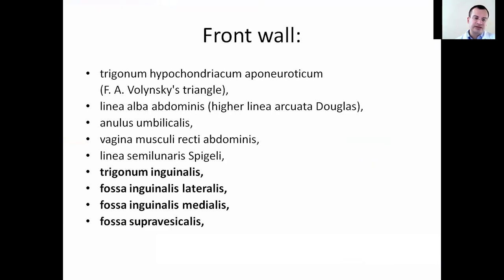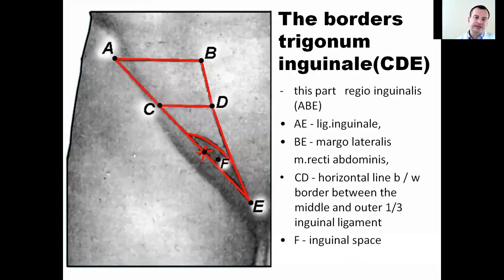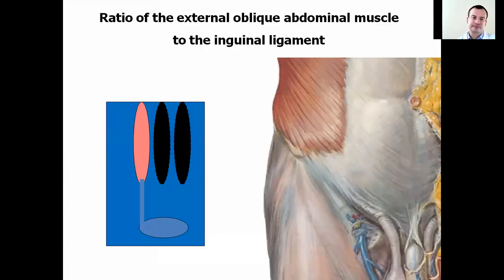Next, trigonum inguinale. The border is the regio inguinalis from A to E, ligamentum inguinale from B to E, margo lateralis from C to D, a horizontal line, a border between the middle and the outer part of the inguinal ligament, and F is in the inguinal space.